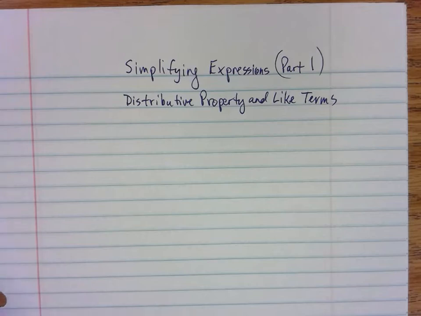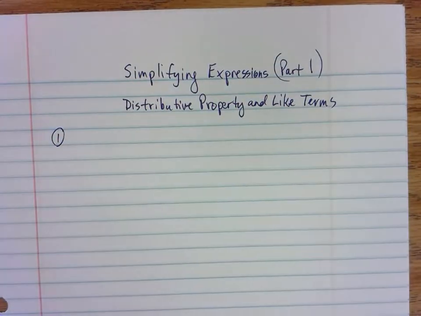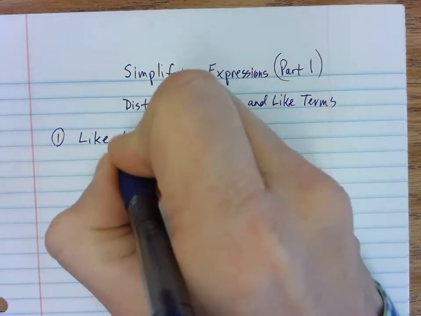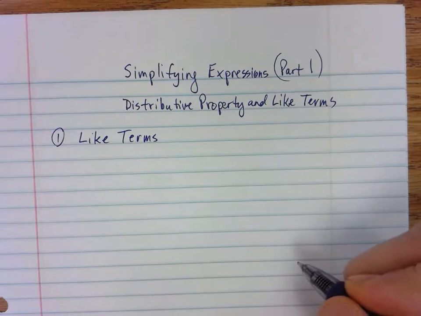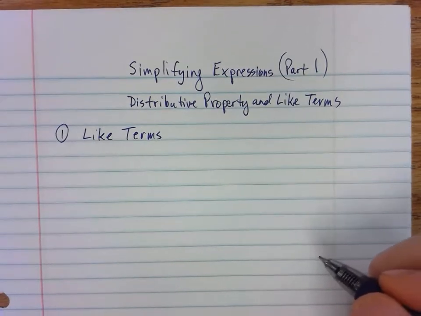Alright, so let's first talk a little bit about what like terms are, okay? Like terms. Anybody out there know what like terms are? Well, you might think they're things that are alike, and you'd be right.